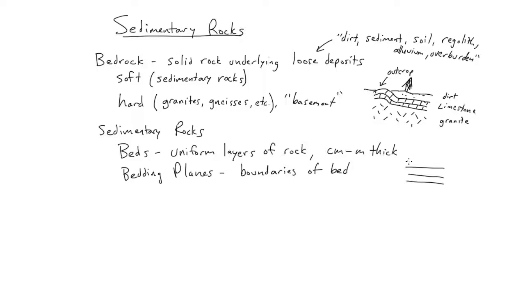When you look at an outcrop of sedimentary rocks, you'll often see certain layers that are maybe slightly different colors or slightly different grain sizes, and they're separated by these planar features called bedding planes. A formation is a group of related beds. And the textbook goes into these terms and a few others in a little bit more detail.